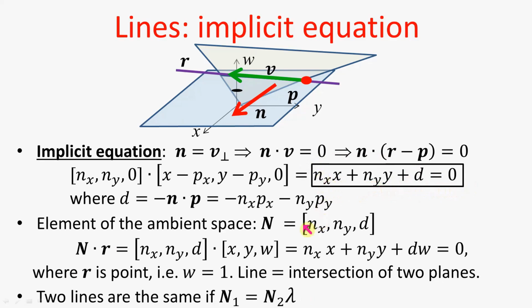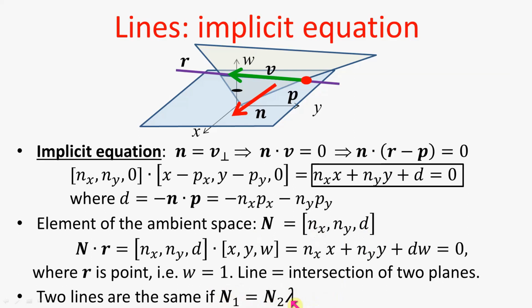So as a result, if we consider the line as a triplet of three parameters, the same line can be expressed in infinitely many different ways if all three parameters are multiplied by the same number. Two lines are equivalent if the triplet of one line can be obtained from the triplet of the other line by a scalar multiplication.